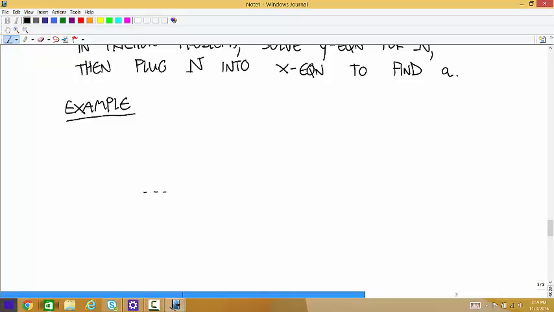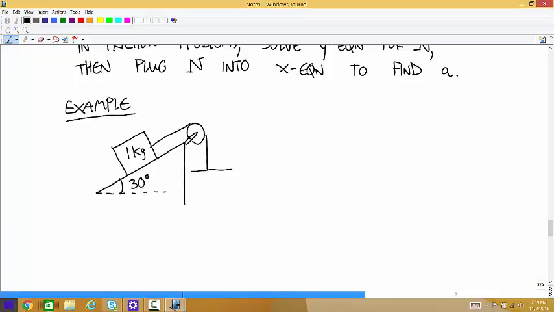Let me do one more example problem. So let's say this incline is 30 degrees. And let's say there's a 1 kilogram block that's connected to a cable. That cable goes over a pulley and then connects to a hanging block of 2 kilograms.